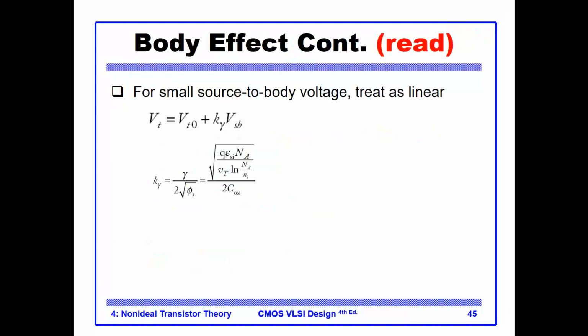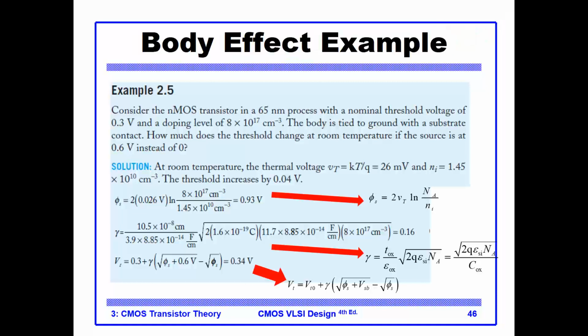Now, typically, here's a question you might see in your assignment or exams. It says: consider an nMOS transistor in a 65 nm process with nominal threshold voltage 0.3, that is our VTO. How much does the threshold change at room temperature if the source is at 0.6 volt instead of 0?